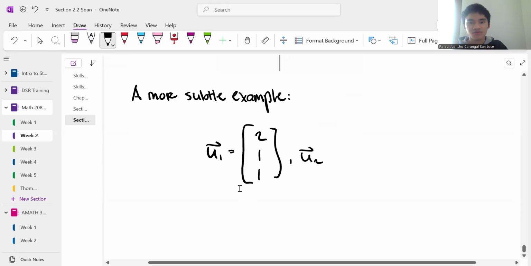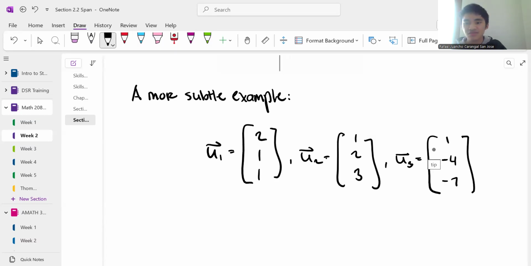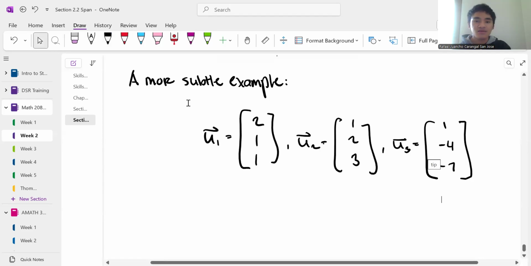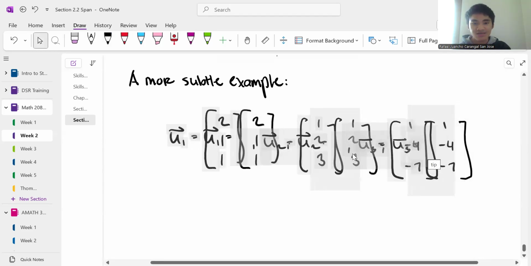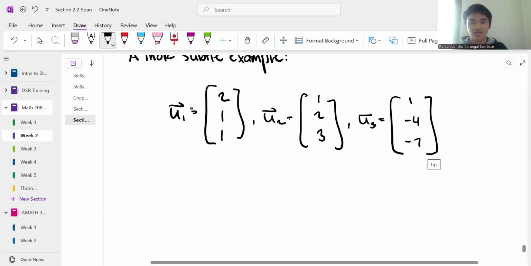We have u sub 2, which has components 1, 2, 3. And we have u sub 3, which has components 1, -4, -7. So we can't say that although we have 3 vectors, that doesn't mean they span R3, right?